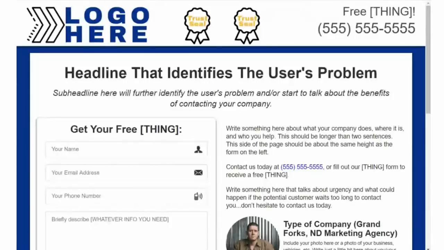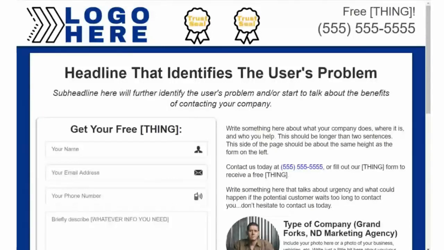The subheadline then will further identify their problem and possibly start to talk about the benefits of contacting your company. This is a great place to put your unique selling proposition. This can be a lot of different things.